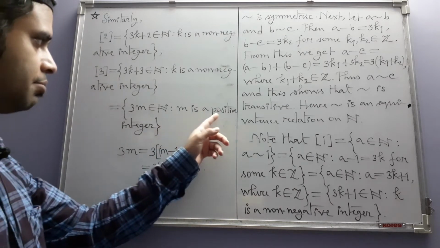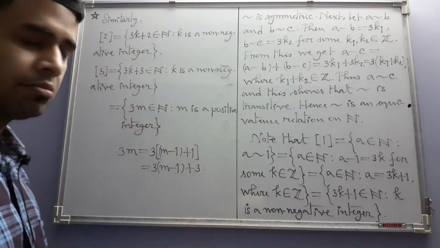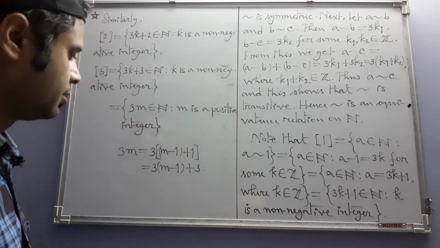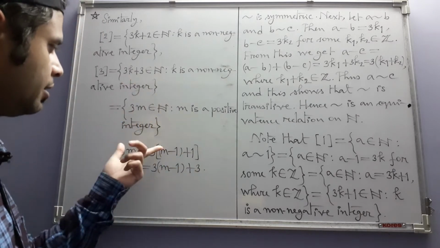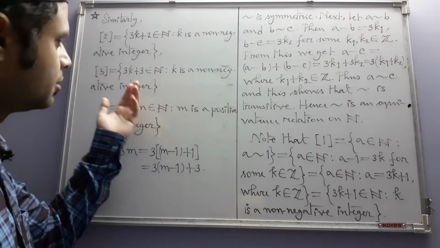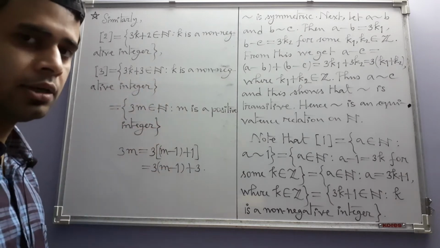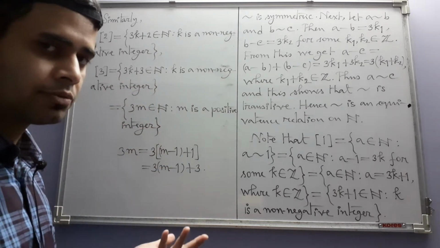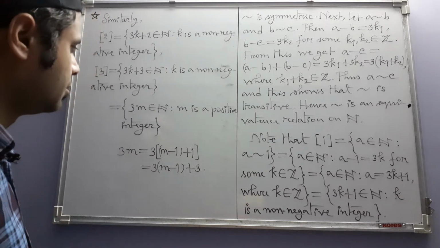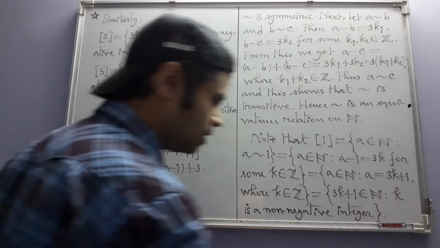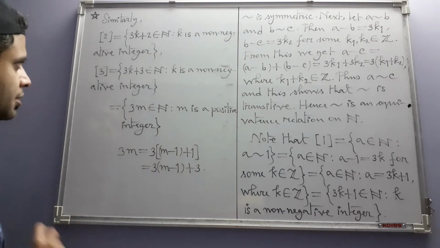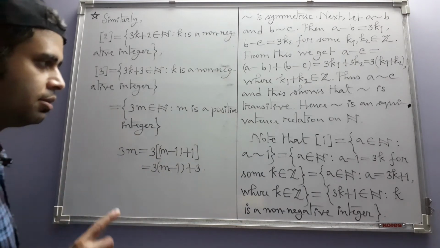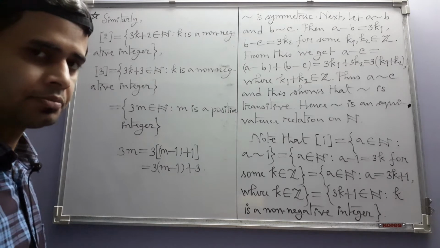Now because m is a positive integer, m minus 1 is a non-negative integer. So that means this is of this form. So that element also belongs to this. So these two sets are actually, each one of them is a subset of the other, and so they are equal. Okay, so see what we have done so far is we have written 3 equivalence classes.